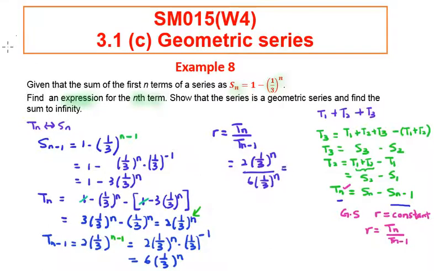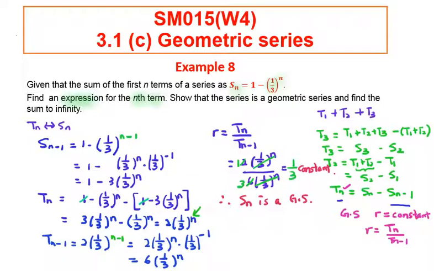If you simplify the upper part and the lower part, we have 1/3, which is equal to a constant. Therefore, we can say the series is a geometric series.